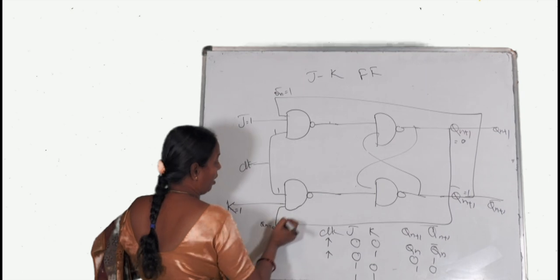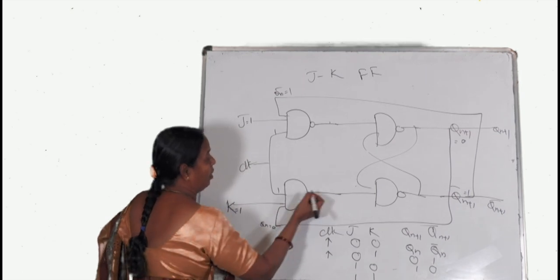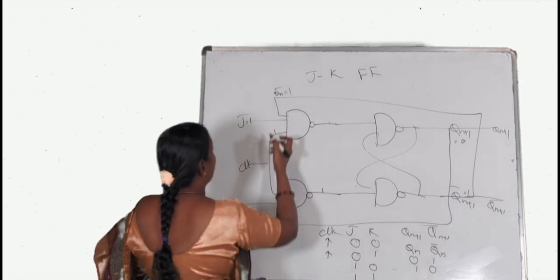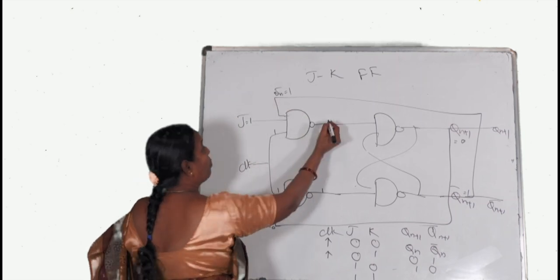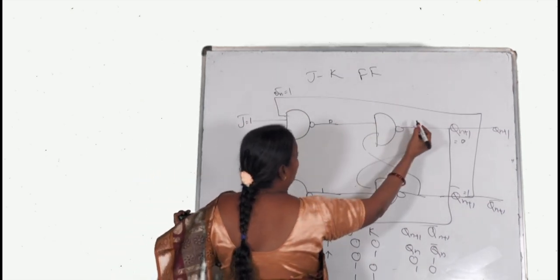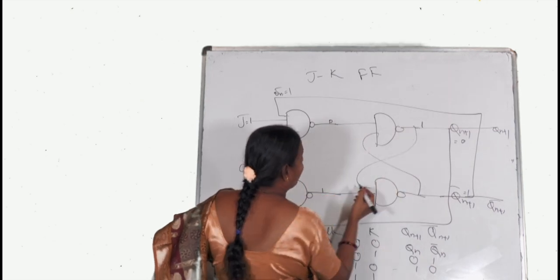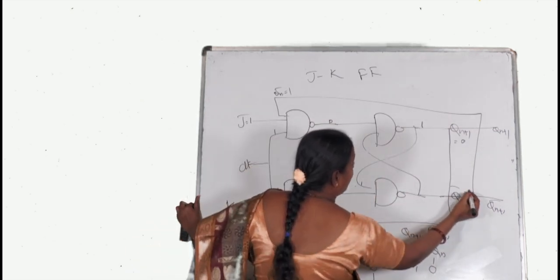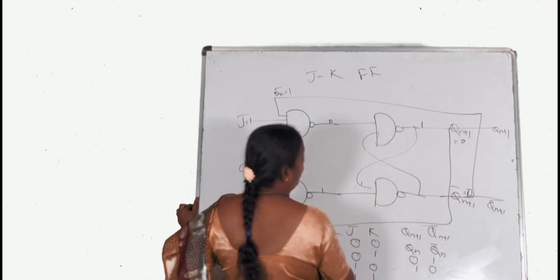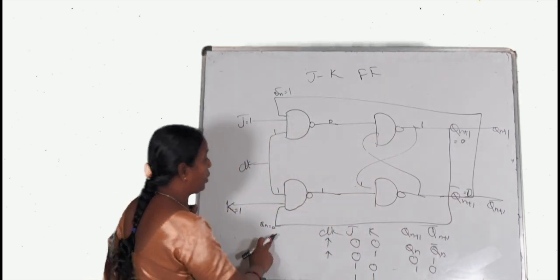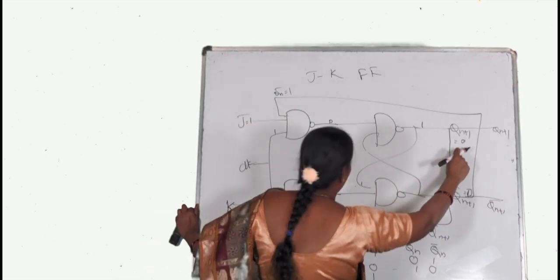What happens? As one of the inputs is 0, output is 1. Here all are 1s, so output is 0. As this is 0, irrespective of other inputs, it will be 1. As this is 1, here also we are going to get 1. 1 1 means output is 0. So when Qn is 0, Qn plus 1 will be 0.